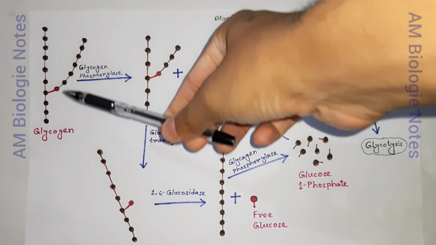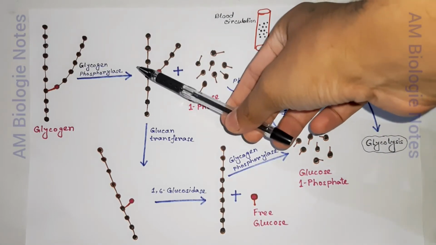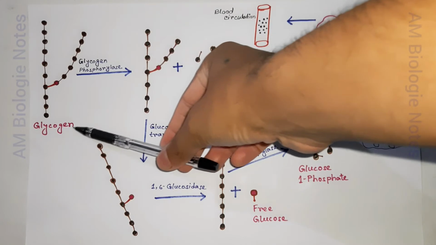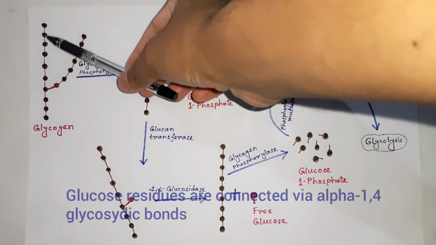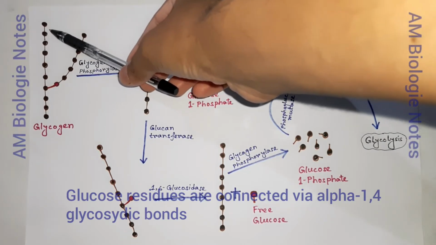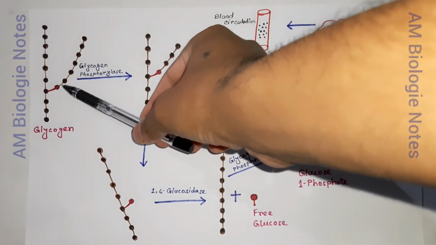Now, I will discuss the detailed mechanism of glycogenolysis process through this diagram. Suppose this is a glycogen molecule. These are the glucose residues bound via alpha 1,4 glycosidic bonds. This is the branch of glycogen molecule.